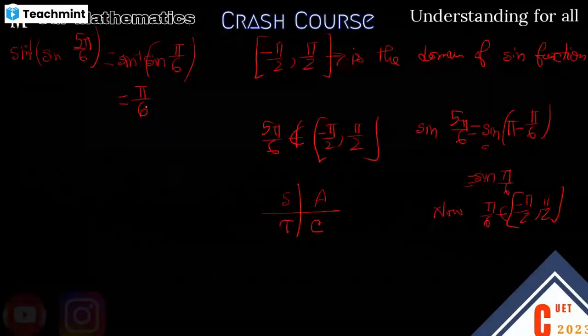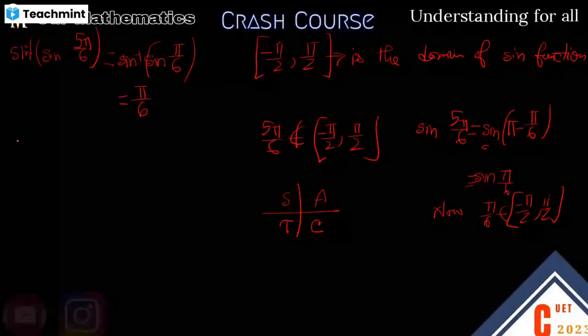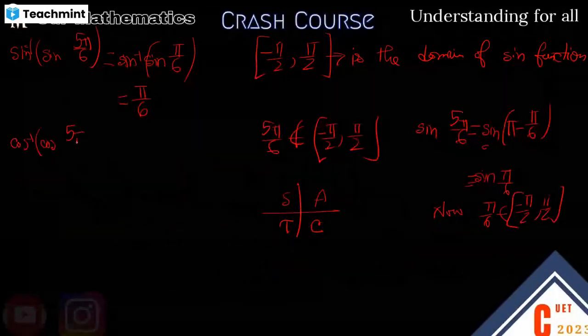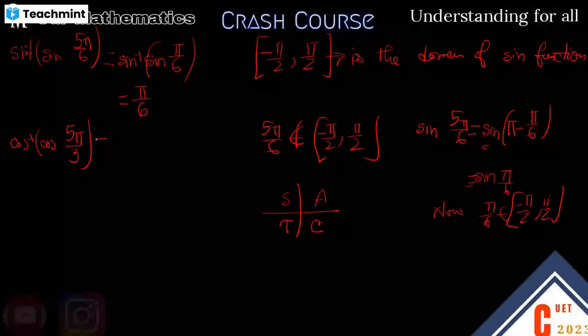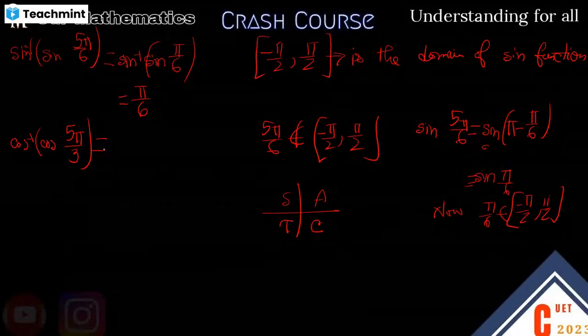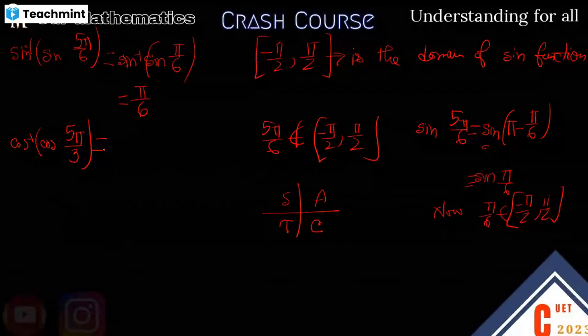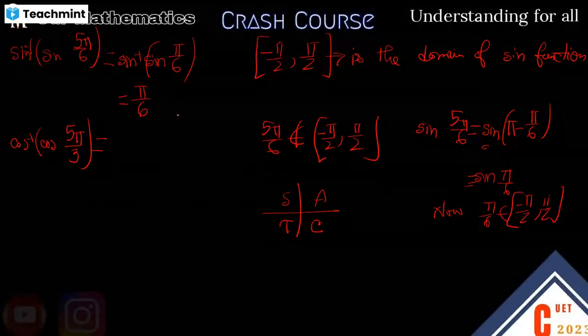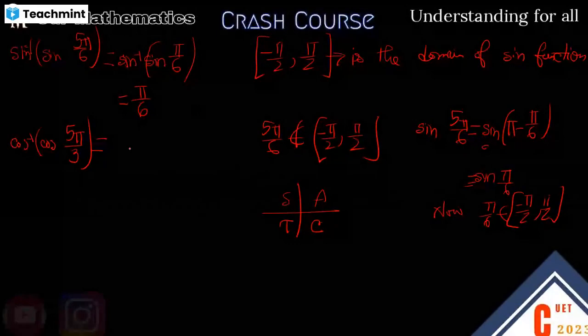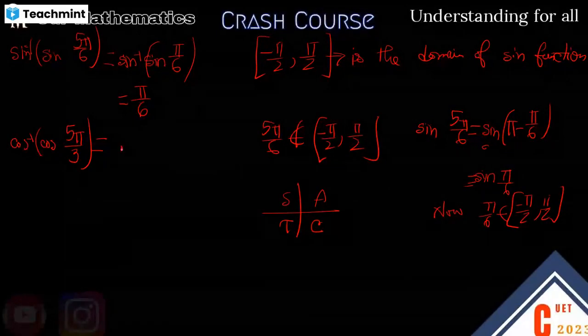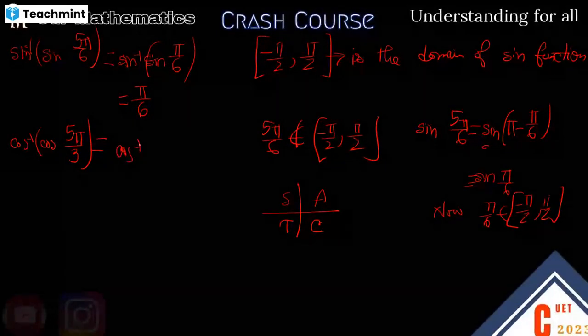Similarly, the next one is cos inverse cos of 5 pi by 3. Now 5 pi by 3 doesn't belong to the principal domain, that is 0 comma pi. However, we can write it as cos inverse cos of 2 pi minus pi by 3.